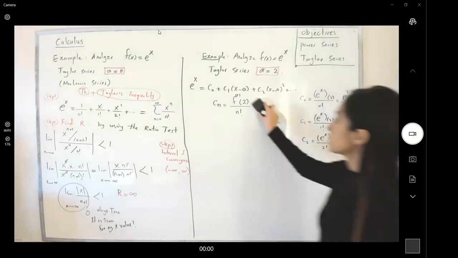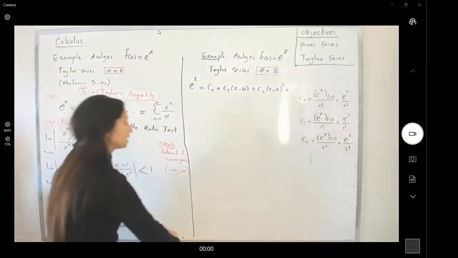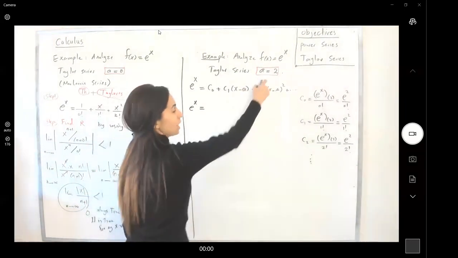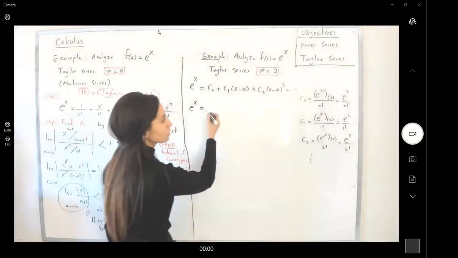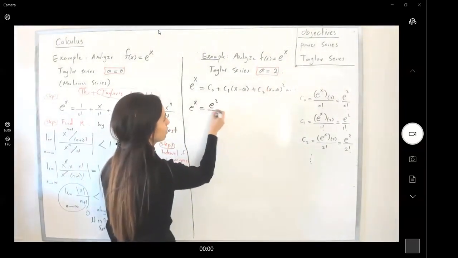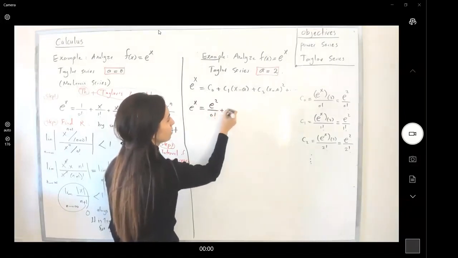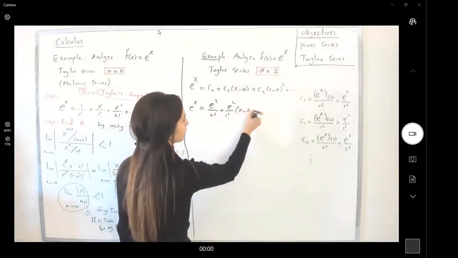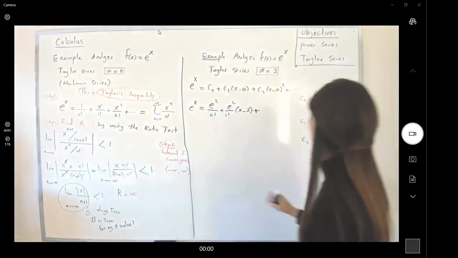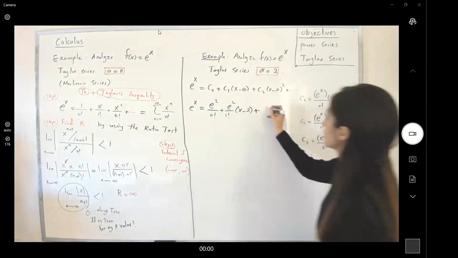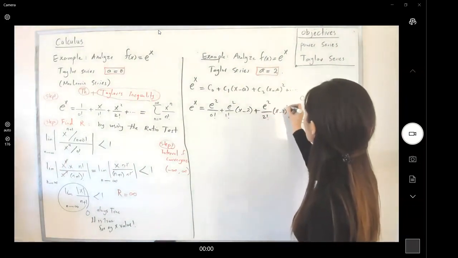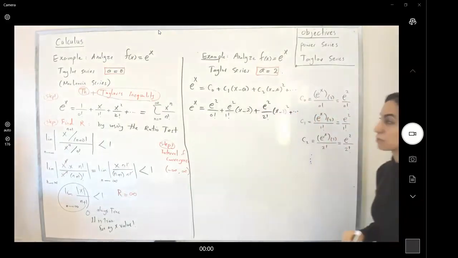If you continue this process and then plug them in, e to the x, Taylor's expansion at center 2, is equal to e squared over 0 factorial plus e squared over 1 factorial times x minus 2 plus e squared divided by 2 factorial times x minus 2 squared plus the rest of the terms.